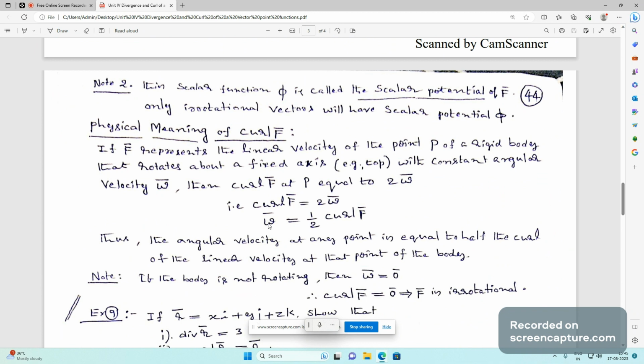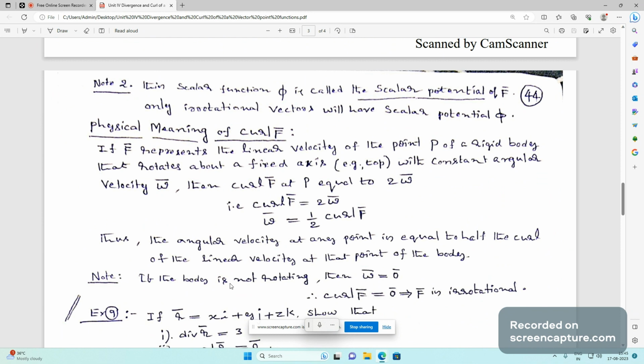Therefore, omega bar equals half of curl f bar. Thus, the angular velocity at any point equals half the curl of the linear velocity at that point of the body. Half of the curl equals the angular velocity. This is the physical meaning of curl f bar.